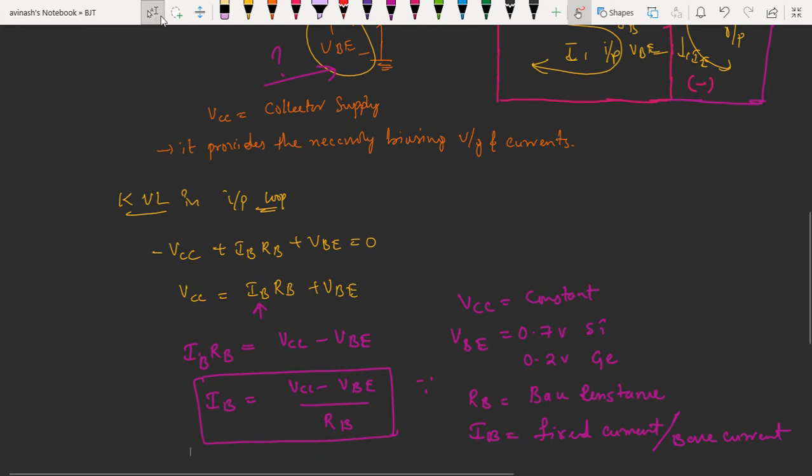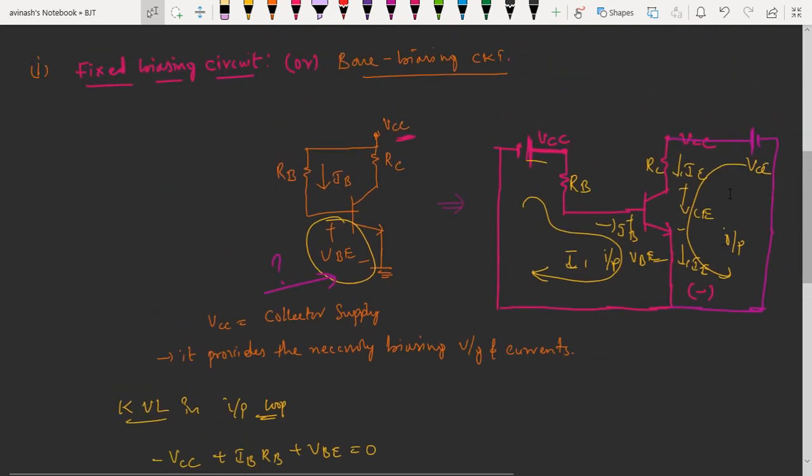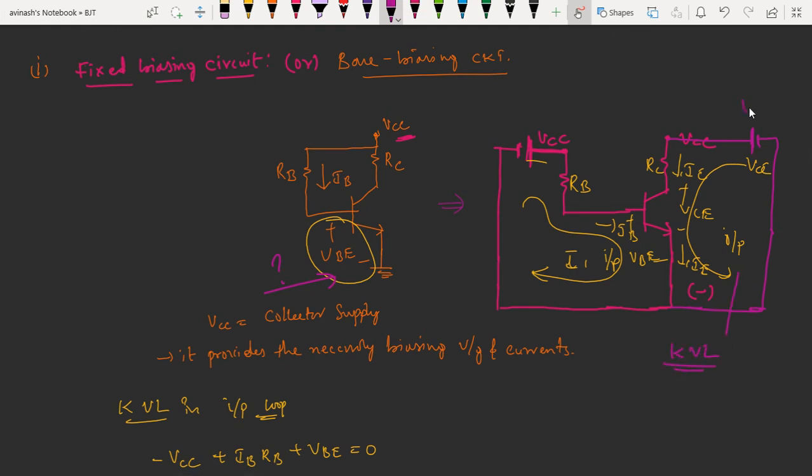In the same way, we can find the value on the output side. If you apply KVL in this loop, then we get minus VCC plus IC into RC plus VCE is equal to 0, because the sum of all the voltage drops in a loop is equal to 0.